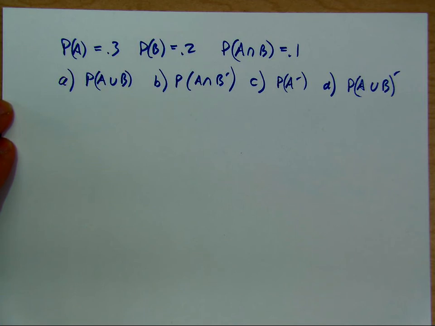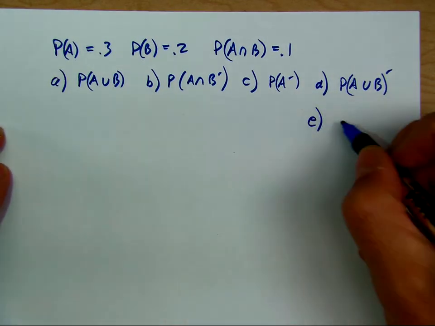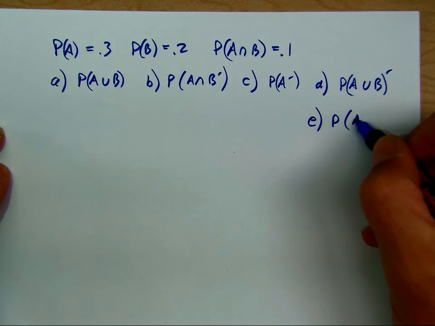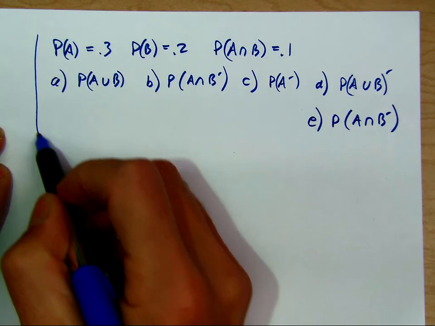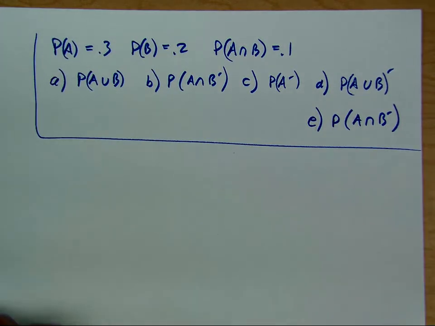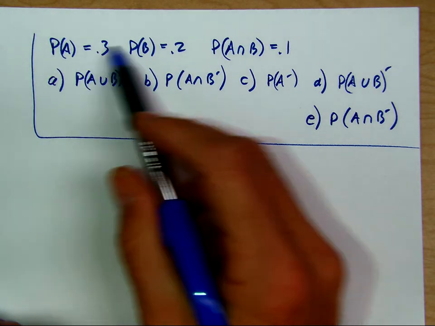With these, rather than trying to decide how to use a formula, and maybe for some of these we don't even have a formula, we can just use a Venn diagram for all of these. So let's draw a Venn diagram based on this.